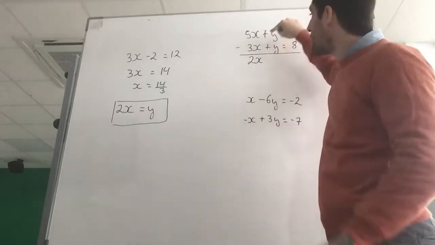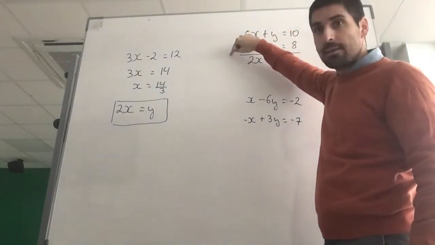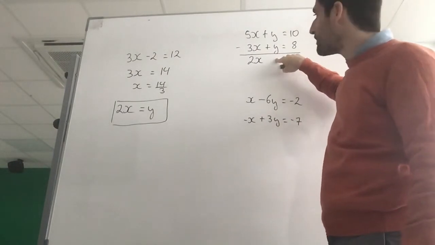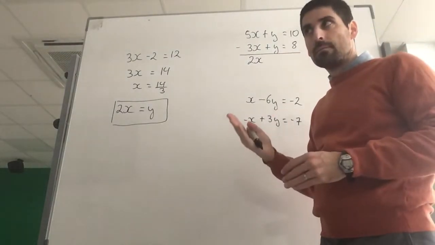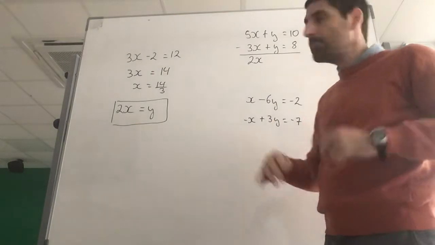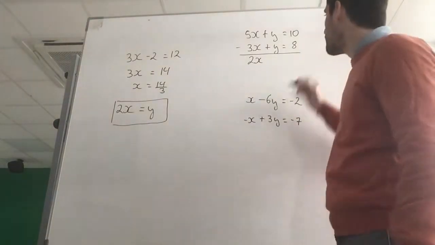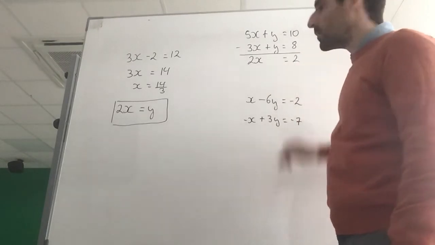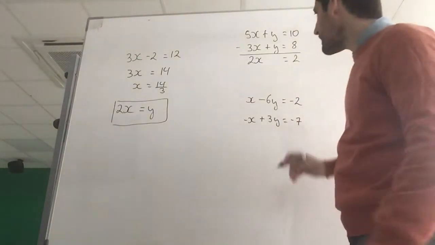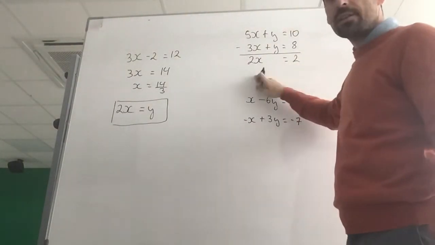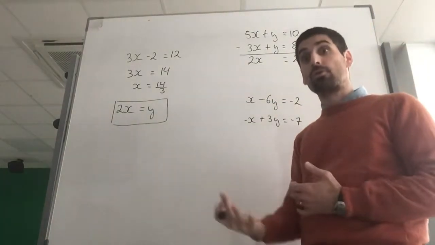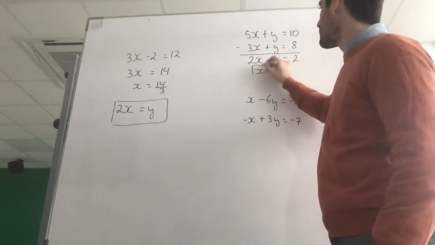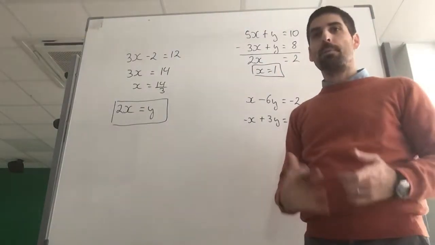Positive y take away positive y, 1 take away 1 is 0, so we've eliminated the y, and then 10 take away 8, well done, is 2. So now I've got this equation here, very simple. If 2x equals 2, x must be 1.